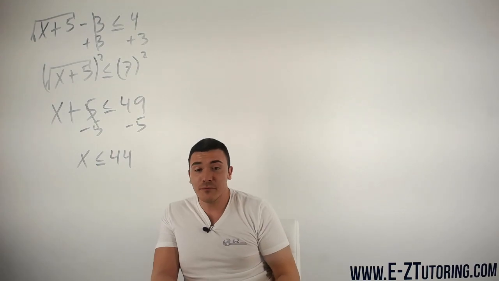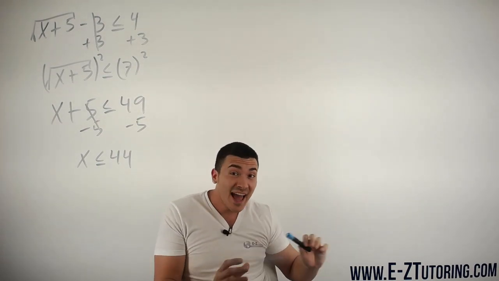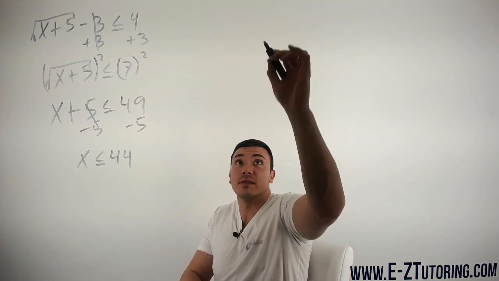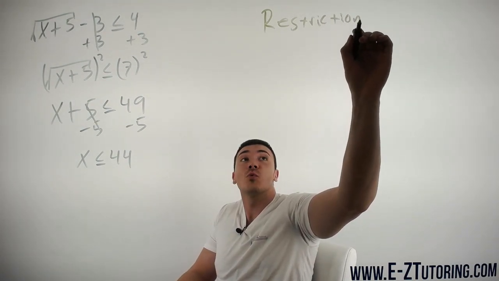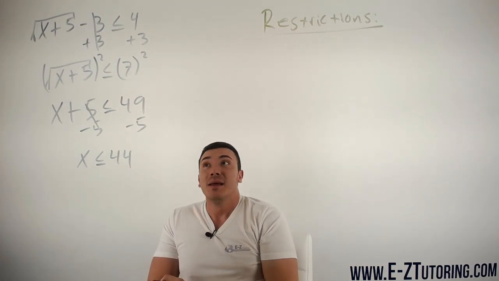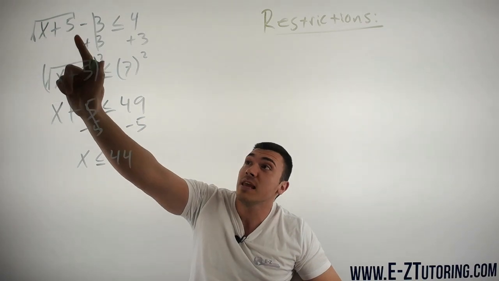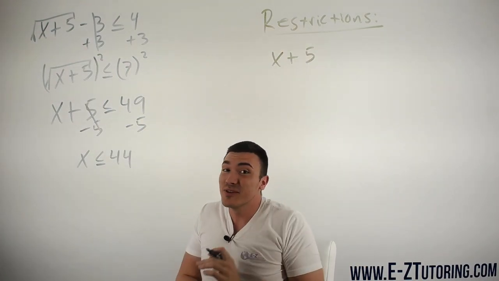Alright, so a lot of people will say at this point, oh, x is less than or equal to 44, that's their answer. Not exactly. Now here's why. You need to take a look at your restrictions. Now what are restrictions? Well, we're dealing with square roots, which means we have a very specific domain. Square roots can never be negative. So this whole thing inside the square root, x plus 5, there is a restriction on that.